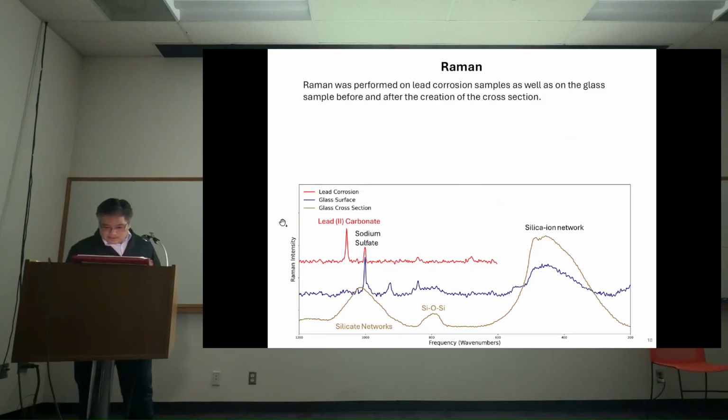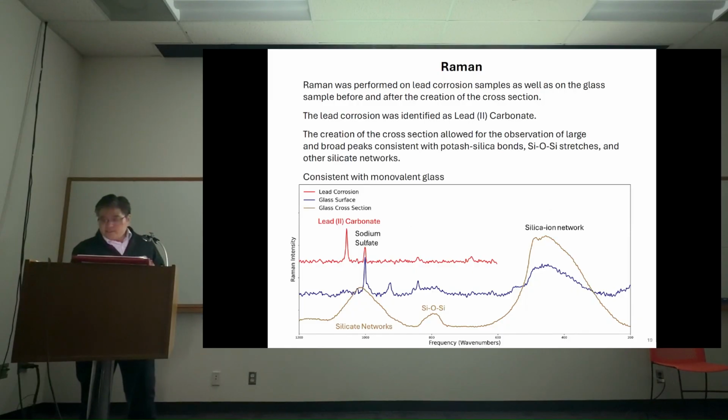The glass is this blue spectra here, and when we created a cross section, we were able to see this brown spectra, the additional piece of silicon-oxygen-silicon stretch and the silicate networks, consistent with what is reported in the literature for a monovalent glass. Monovalent being sodium silicate.